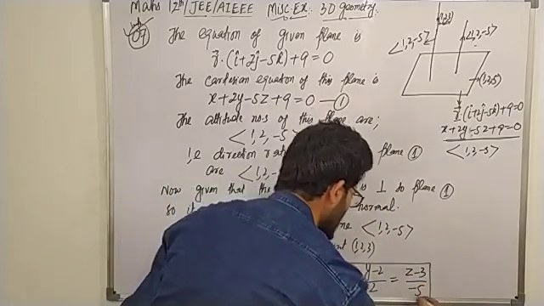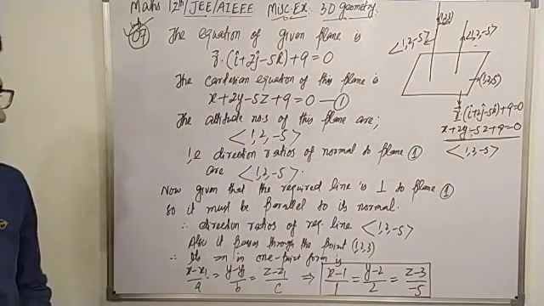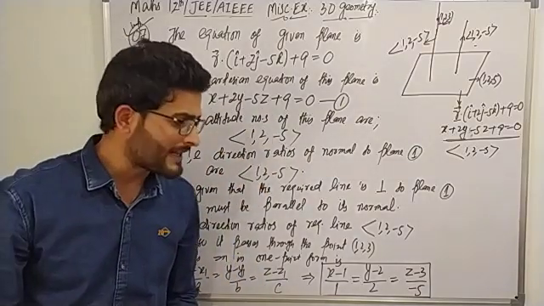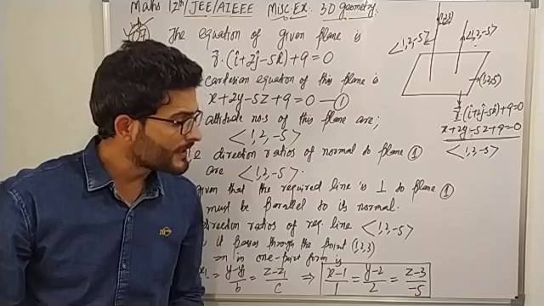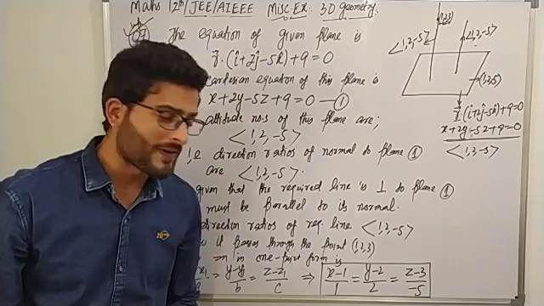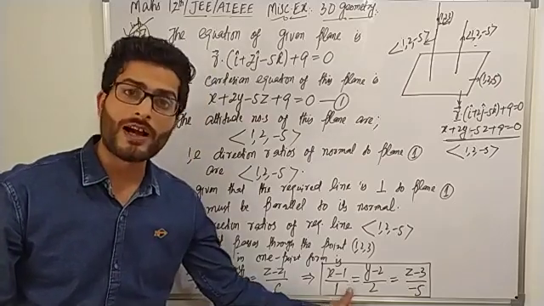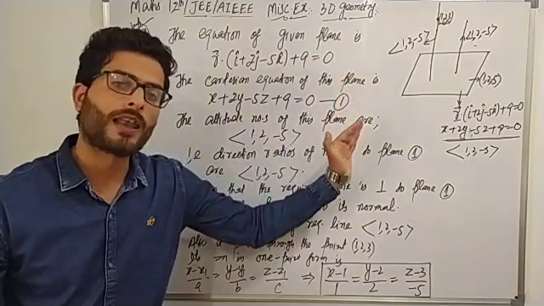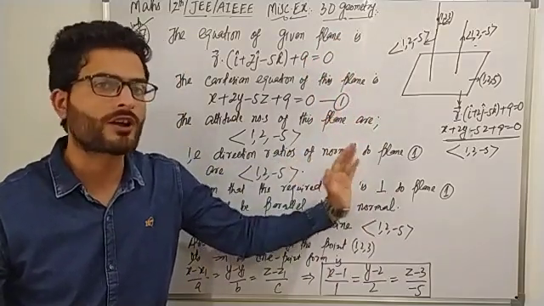So x minus 1 divided by 1 is equal to y minus 2 divided by 2, and that's equal to z minus 3 divided by minus 5 would be the Cartesian equation of the required line.